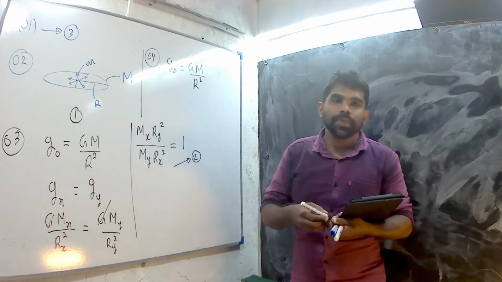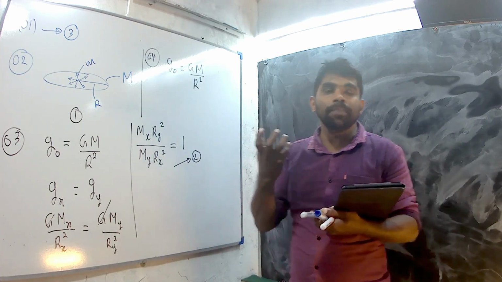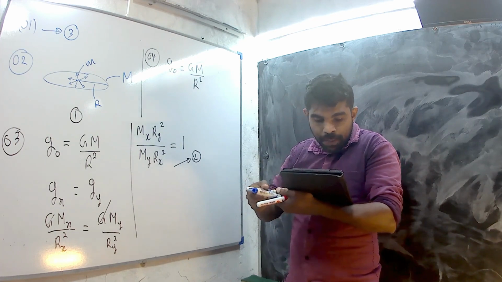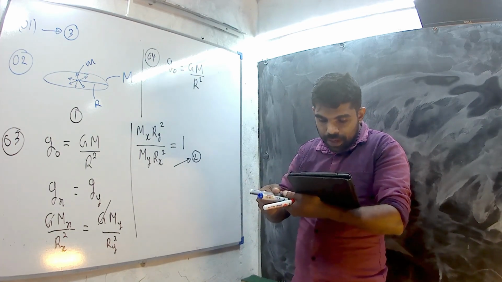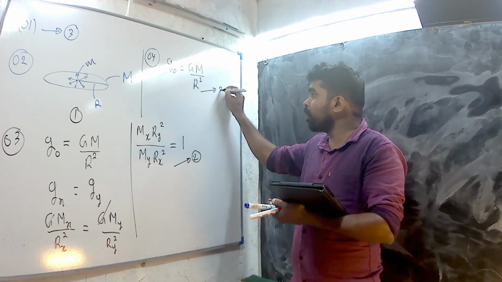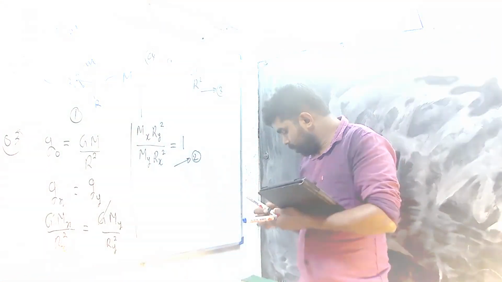It means gravitational force per unit mass. Gravitational force per unit mass, we can get GM over R squared, is the answer. Then the third one is the correct answer for question number 4.